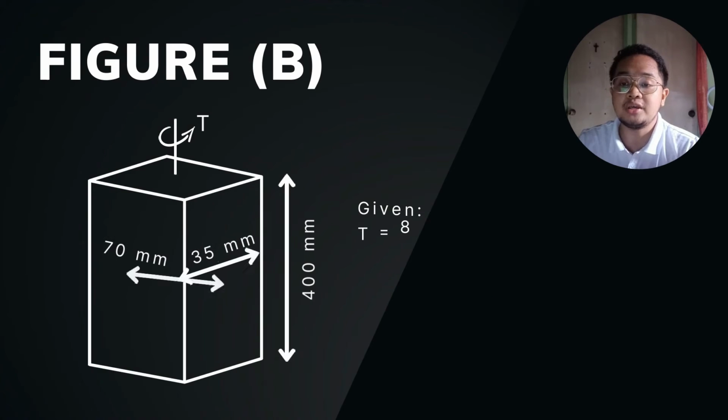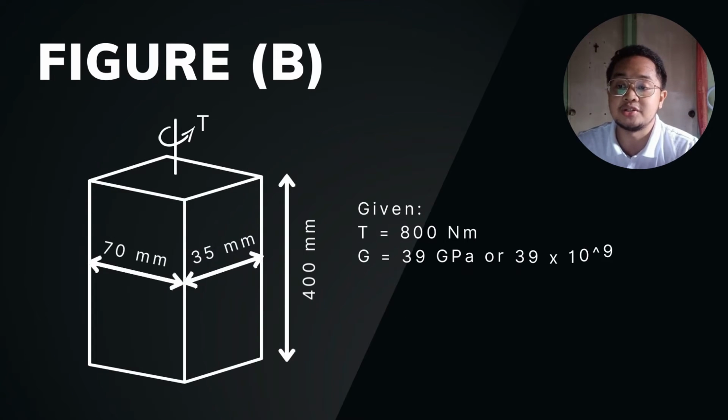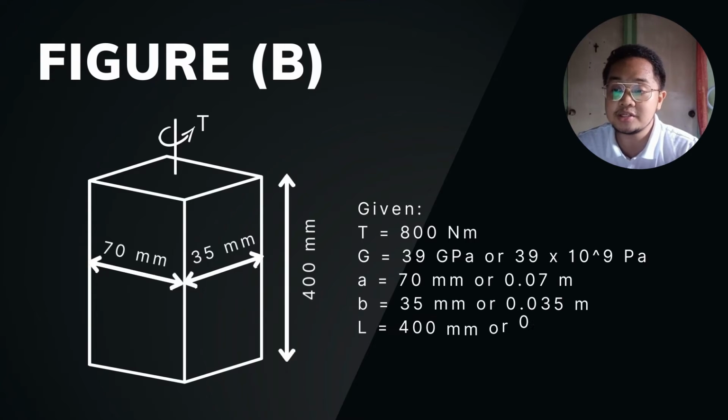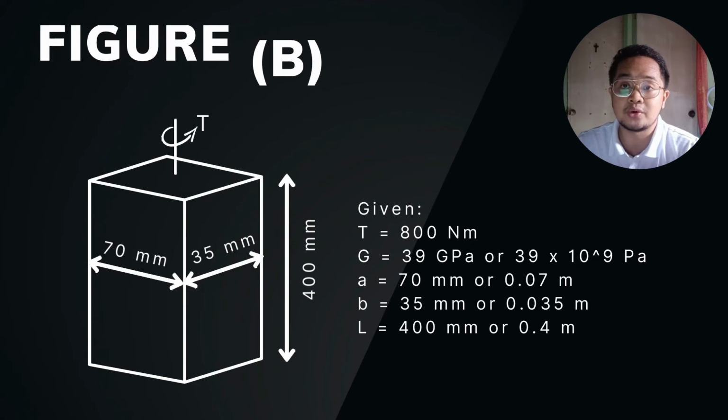Second, we have figure B and also its corresponding dimensions. In here, our givens are T equals 800 Newton meters, G equals 39 gigapascals or 39 times 10 to the power of 9 pascals, A equals 70 millimeters or 0.07 meters, B equals 35 millimeters or 0.035 meters, and lastly, L equals 400 millimeters or 0.4 meters.